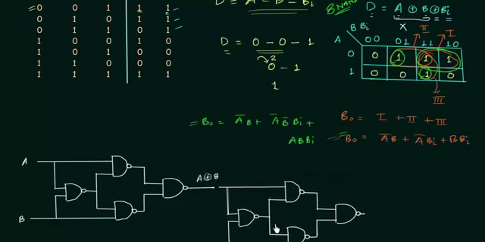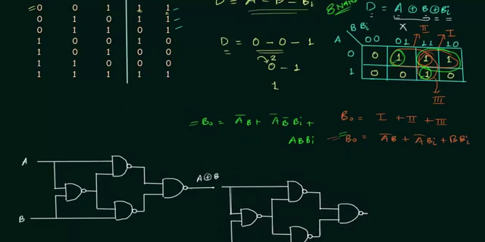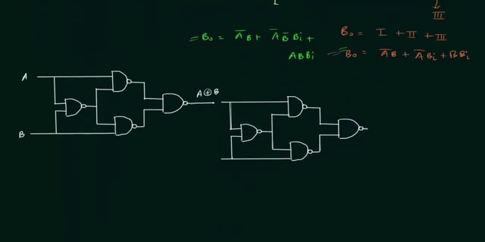This is the next XOR gate, and the output of this XOR gate is the difference. This input here is BI, the input borrow, and the output here is A XOR B XOR BI, which is the difference.